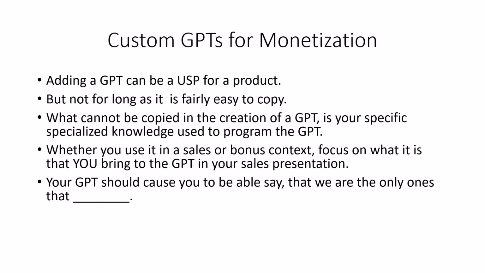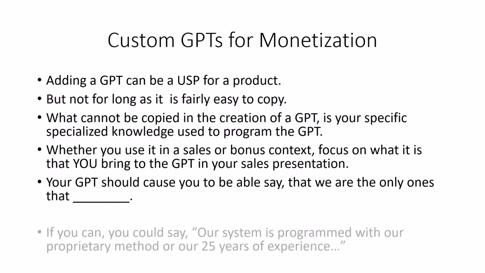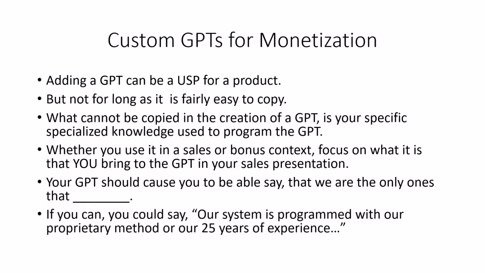Now, where do we go with that? Here's what you say about your GPT. You can say, I said our system, because I just didn't call it a GPT. I could say, this programming that you're about to use, it's programmed with our proprietary method, or it's programmed with our 25 years of experience in doing X, right?